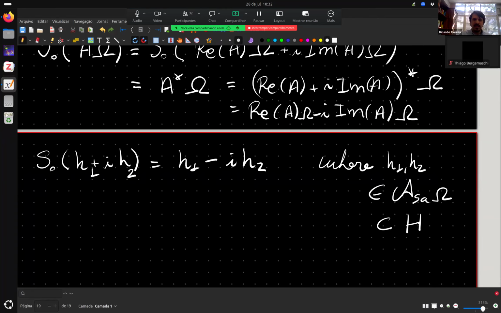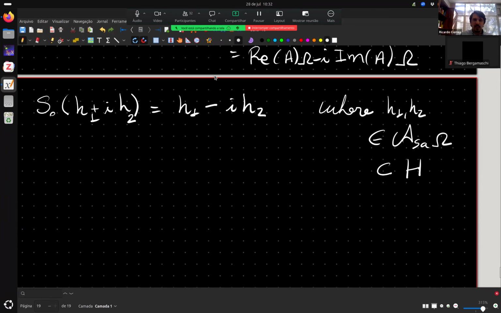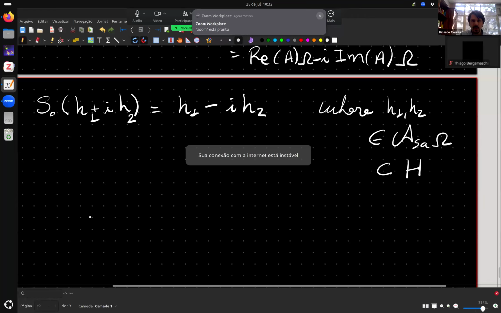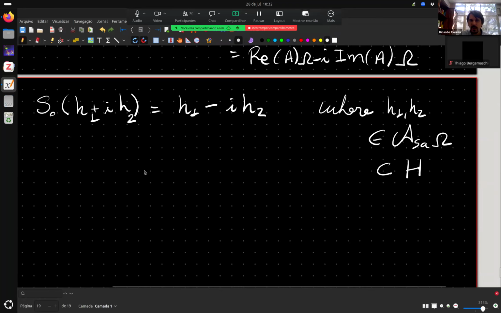I just got a message that my connection was unstable, so I hope you haven't lost much. I will go two sentences back and repeat them. So what I was saying is that this operation is not too different from complex conjugation, but with vectors in a Hilbert space. So it looks like a kind of naive type of operation.